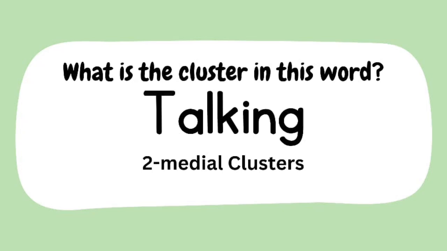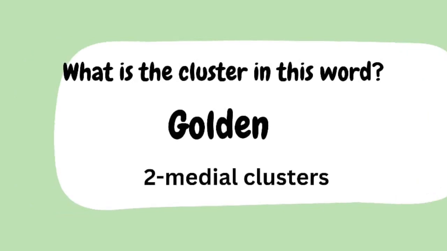Walking, talking, they are good examples of words that have 2 medial clusters in them. Another example can be found in the word golden. 2 medial clusters are in the word golden.